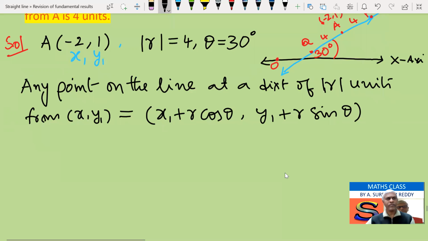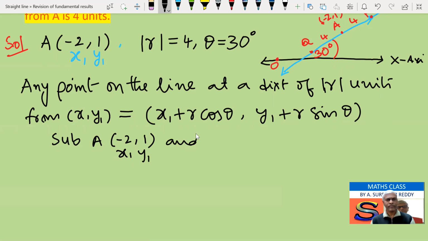Substitute the point -2, 1 and the angle in this. So substituting the point -2, 1 in place of x1, y1 and theta 30 degrees. We get x1 is -2, take r as it is, and cos 30 degrees.